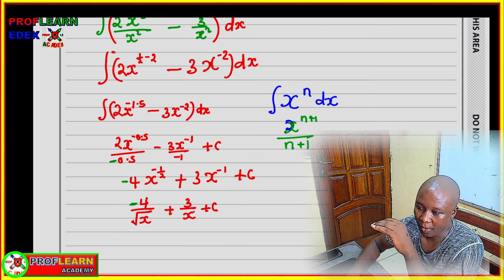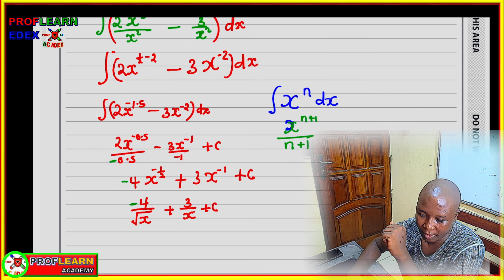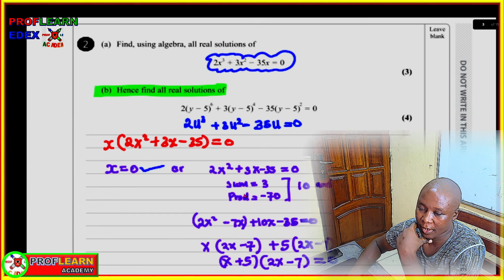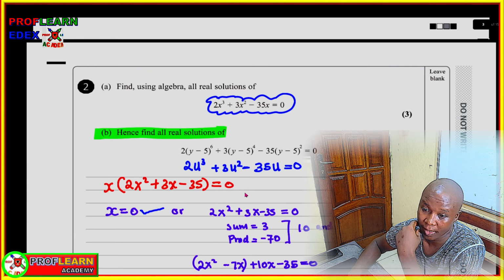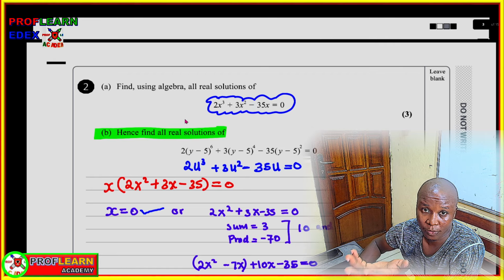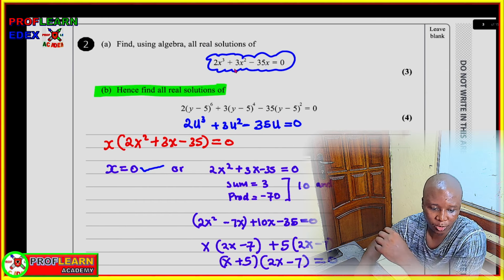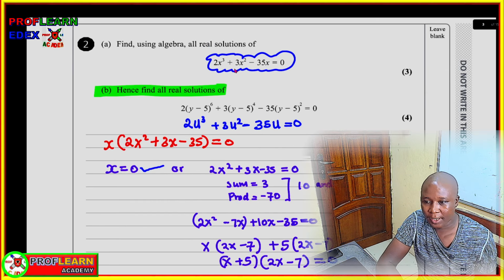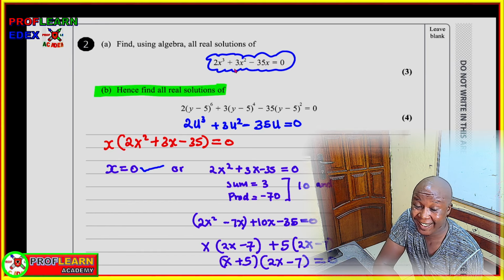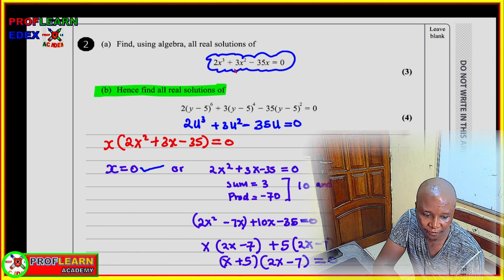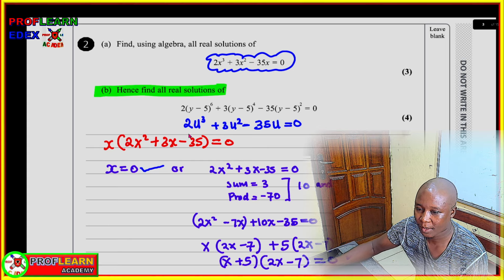Now, upon mentioning integration, the next area that you may be expected to work out is questions to do with solving quadratic and also solving cubic functions. You can see in this case what I did with this expression that I was given here. I decided to factor x out, and once I factor out x, I'm going to remain with a quadratic equation inside the bracket here.